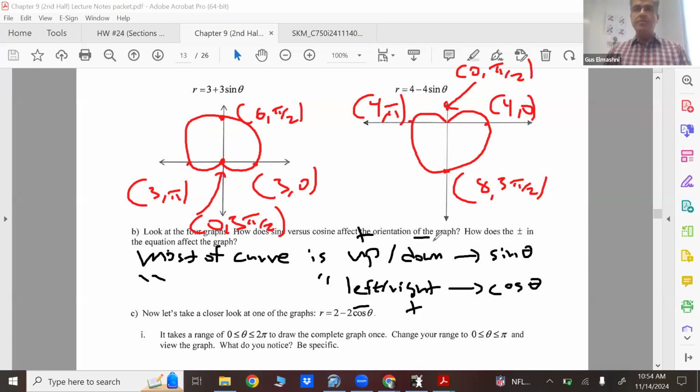Questions so far? I'll just wait a sec. Yes, go ahead. Can that be negative? Wait, for the third one? Yeah, if you plug in pi, sine pi is 0. 3 plus 0 is 3, it's just 3.